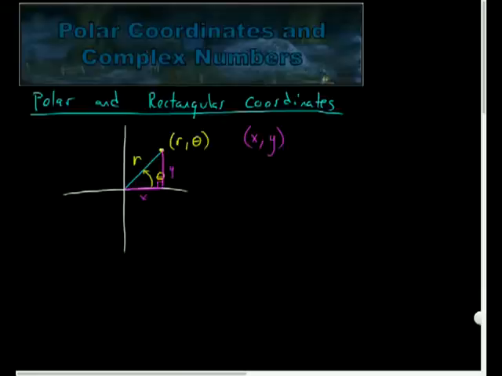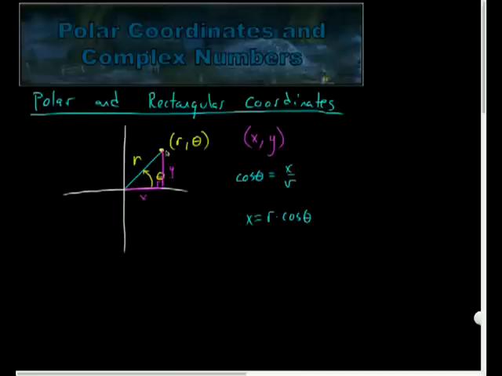Fortunately, we are all trig experts here, where I can just do a little right triangle trig. So from theta's perspective, x is the adjacent and r is the hypotenuse. So I could say that cosine of theta is equal to x over r. Therefore, with a little bit of work, I could end up finding that x is equal to r times cosine theta.